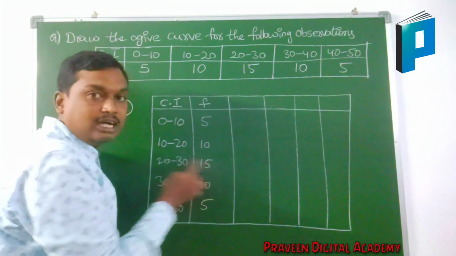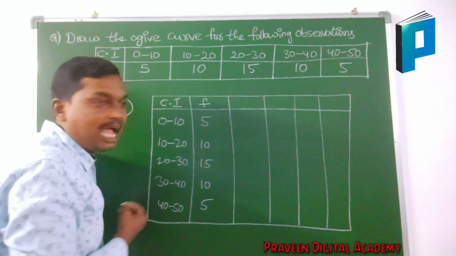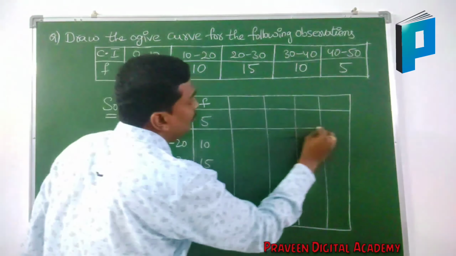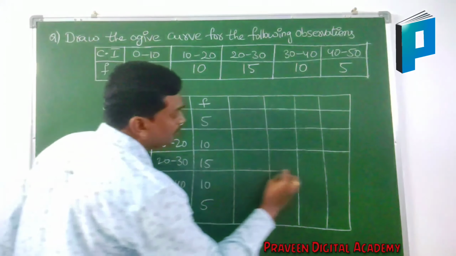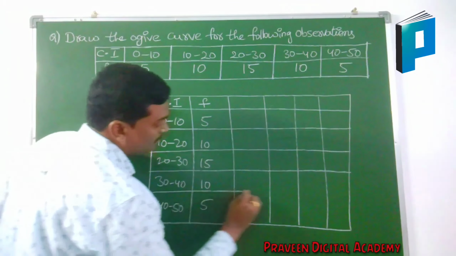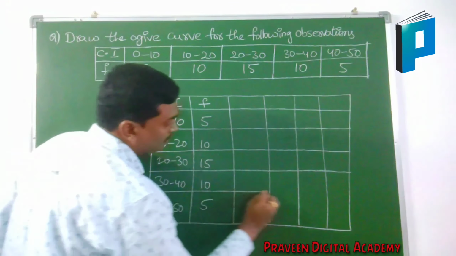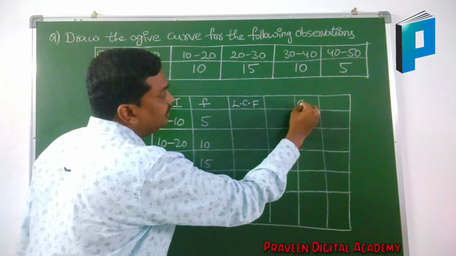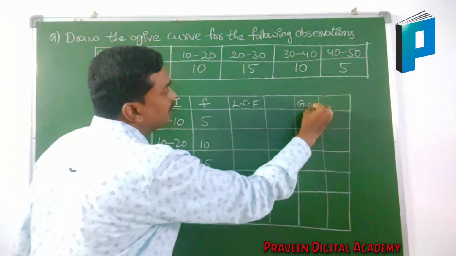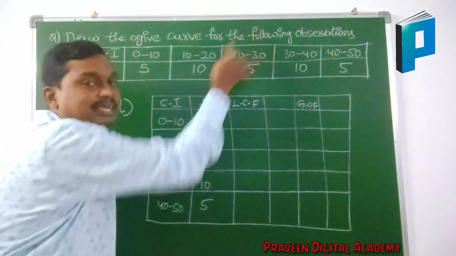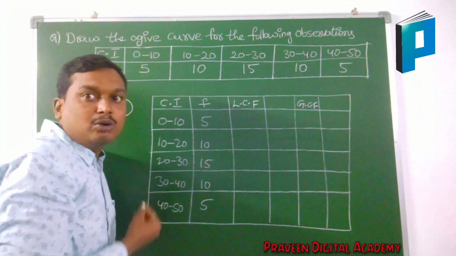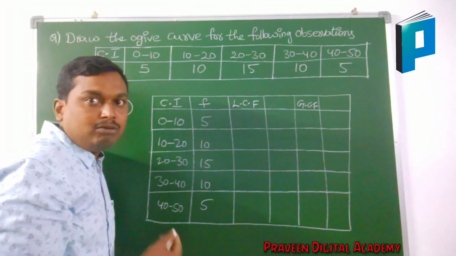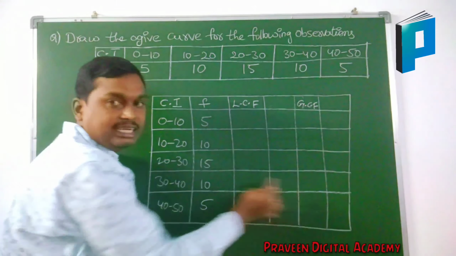These are the 2 boxes we are having here. Here we should do LCF and GCF, both, because they did not mention anything in the question. If they mention greater than curve, do only the greater than curve.